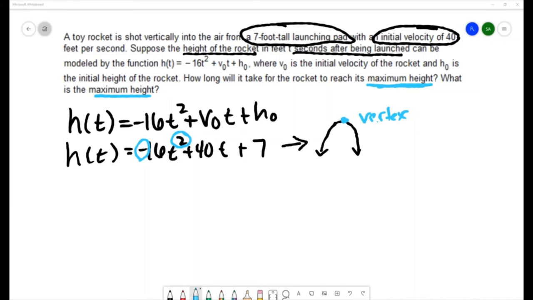Now we have a formula for calculating the vertex of the parabola. The vertex is an ordered pair, (h, k). The formula for the x-coordinate of the vertex, h, is negative b over 2a.